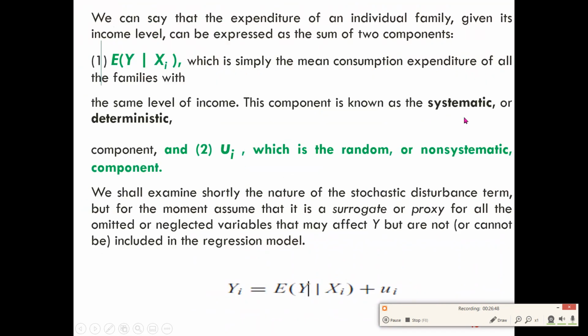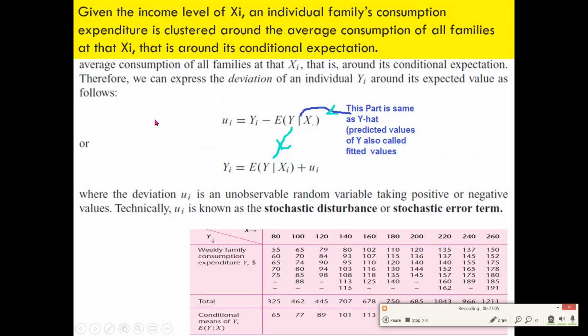Okay, so as I said, this conditional expectation part is simply the average or the mean consumption expenditure of all the families with the same level of income, right? For example, coming back to this figure again, let's say this conditional expectation is 65 for a given value of x, that is, for a given value of 80.